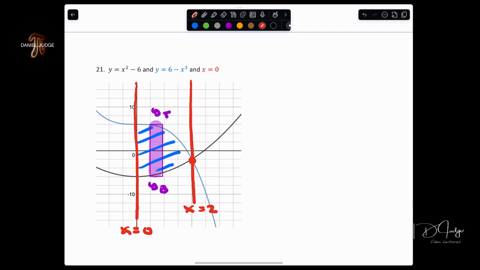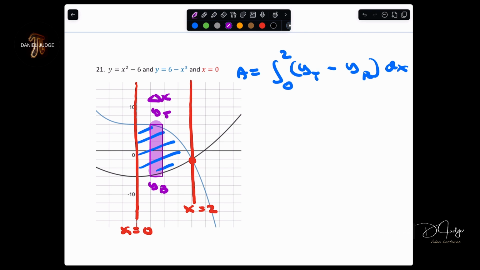Right, take a close look there. So my area will be, we're going to integrate from 0 to 2. I like 0, y top minus the y bottom. This is back to being dx now because that approximating rectangle, you have the delta x, partition the x-axis.